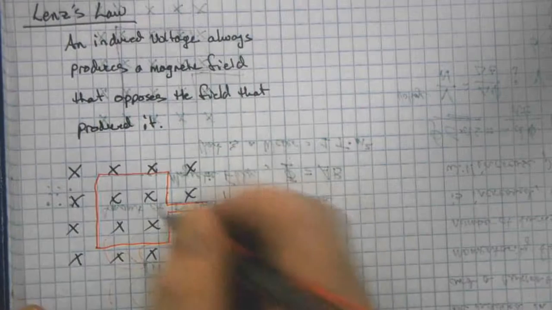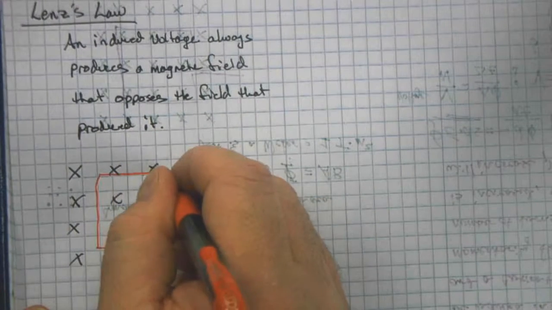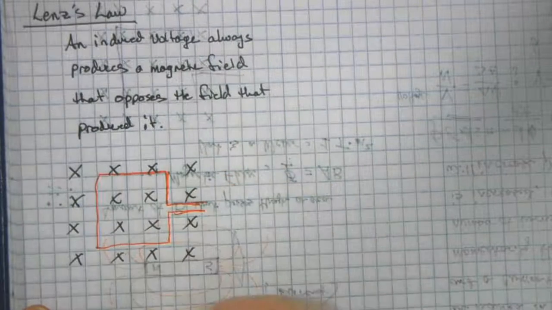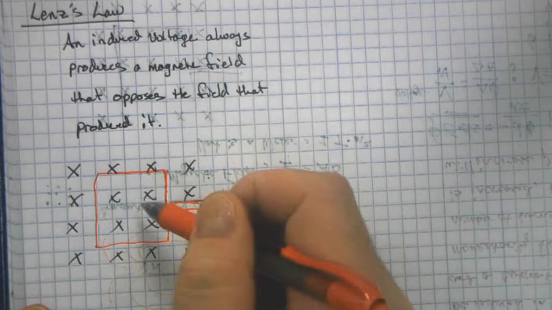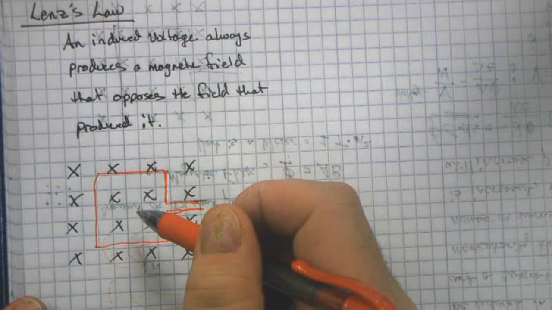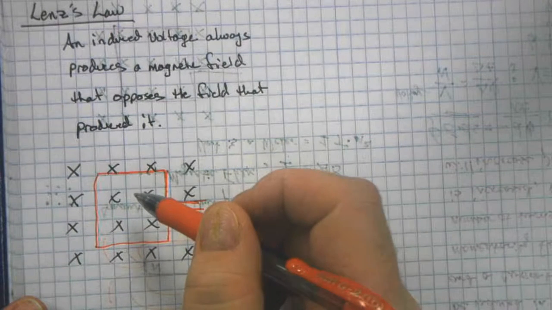Okay, and we spin it, and it doesn't matter which direction it spins. The direction of the rotation doesn't matter. Clockwise, counterclockwise. Okay, what matters is if it increases or decreases the area that's going into it, and which direction the magnetic field is.